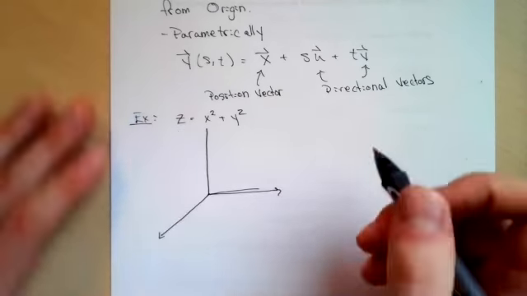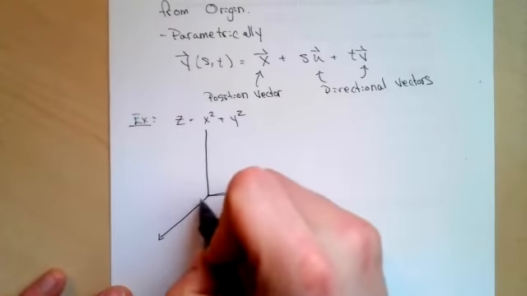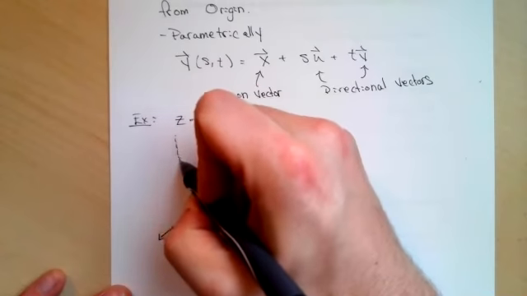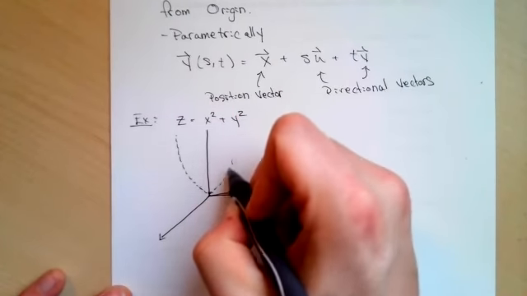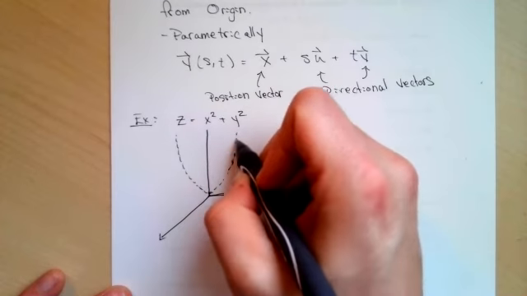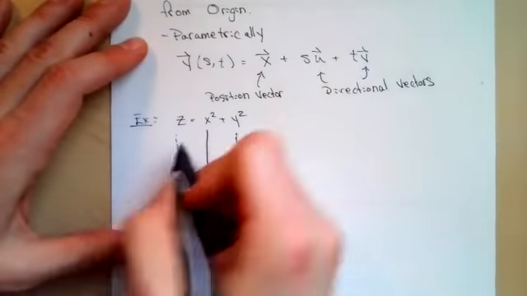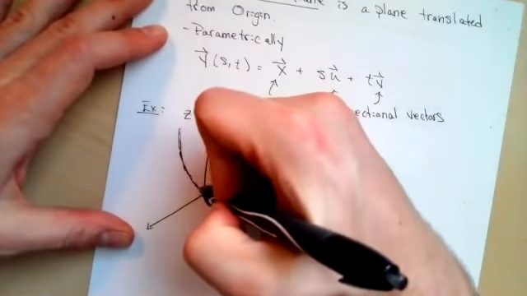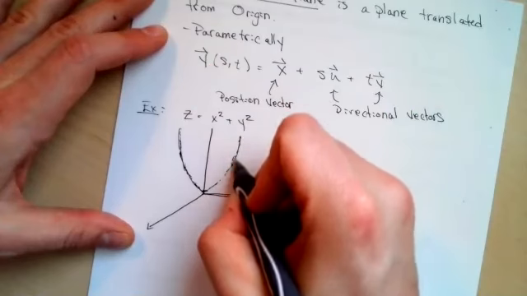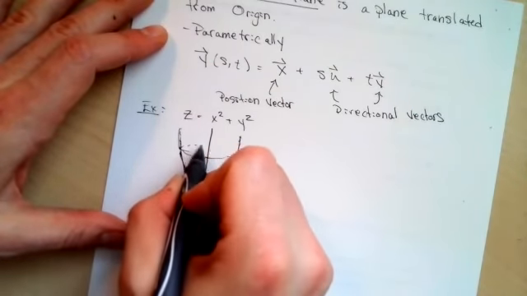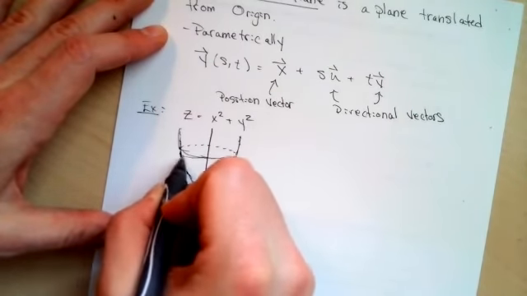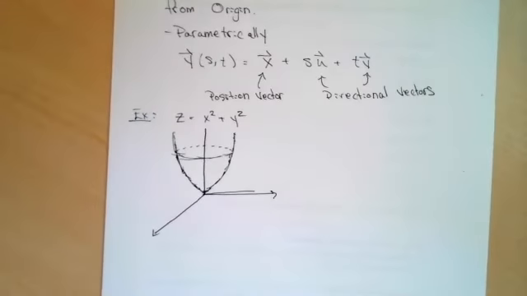So z equals x squared would give us a parabola. So this looks like a parabola that is just rotated. So it's like a parabolic bowl that is rotated around the origin.